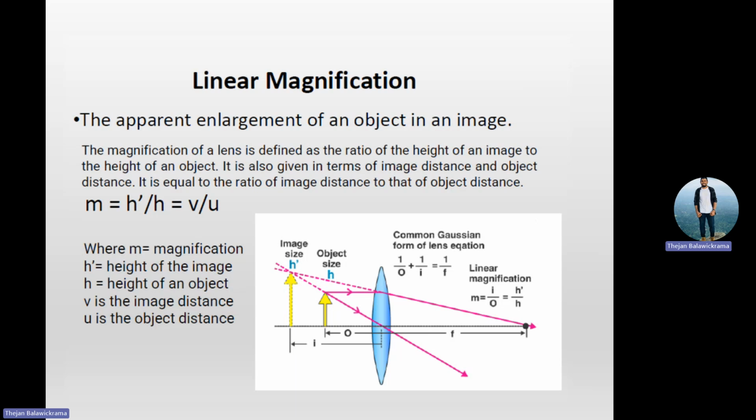We worry about plus or minus magnification when the image is inverted or erect, but normally we take the magnitude of the magnification, whether it's enlarged or minimized.